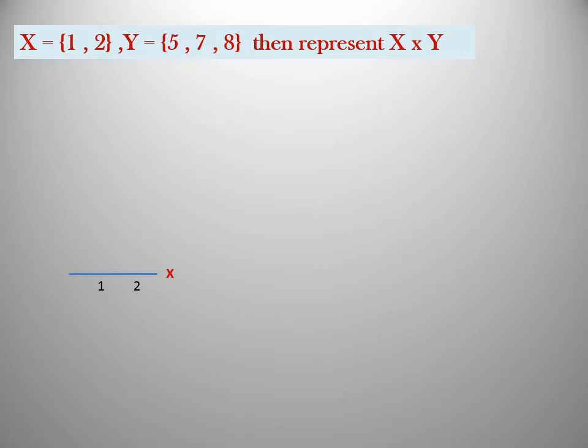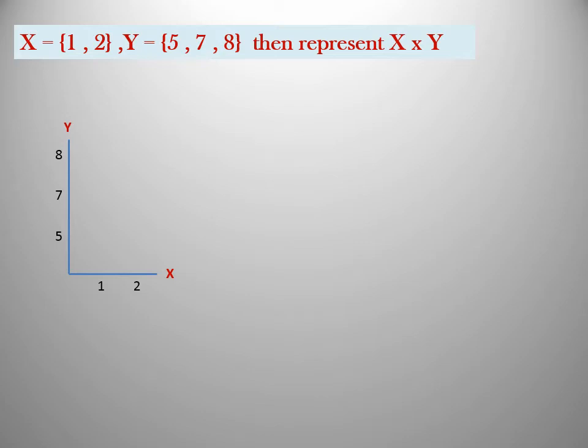Again, when I want to represent the Cartesian product of x crossing y, and the ordering is very important, I will take x and represent it on the horizontal line, and will represent y on the vertical line. Okay? x and y here are not coordinates. They are just horizontal and vertical lines that represent the items of each set.